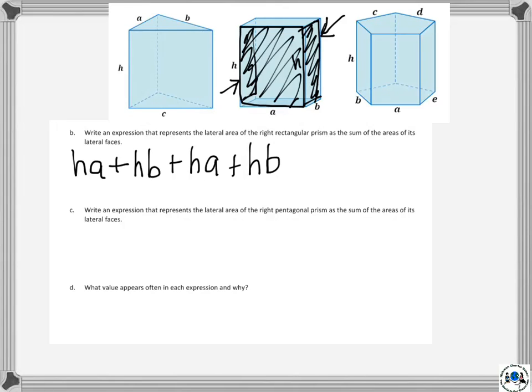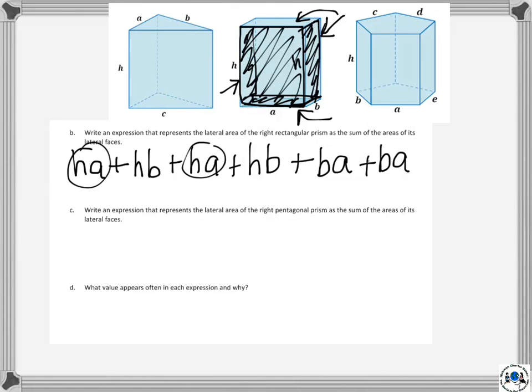And then we have a BA, which is down there. That's one of our bases, the surface area right there, and another BA, which is the top base right there. Now you might notice that we have some repeats here: a couple of HAs, a couple of HBs, a couple of BAs.